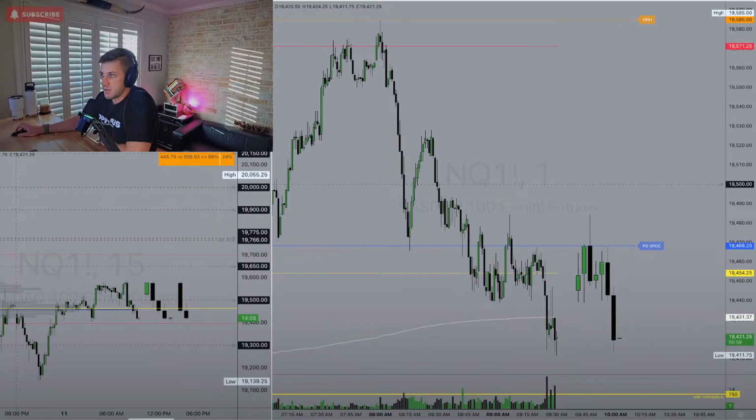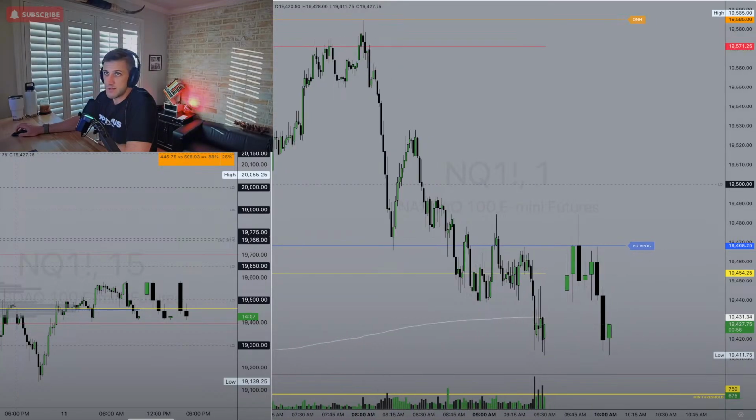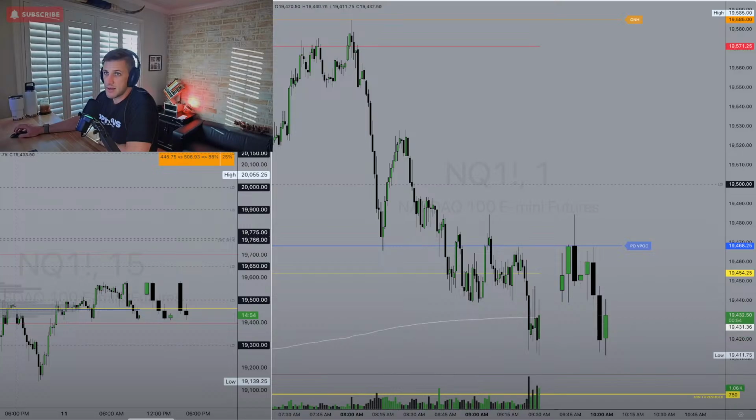NQ right near VWAP here. 431 is your VWAP. Very slight gap lower from the prior day close.